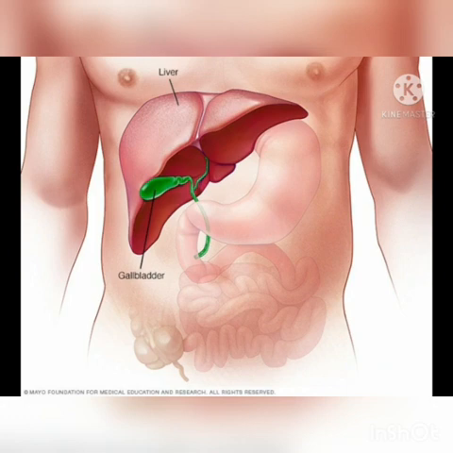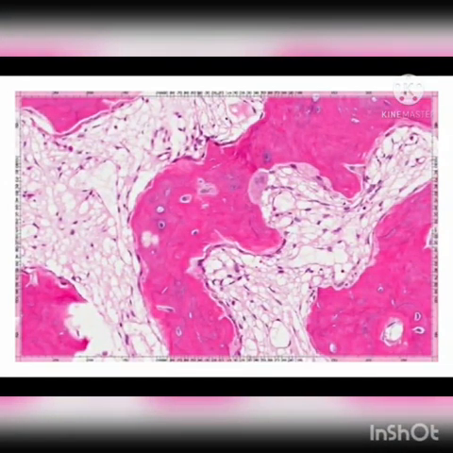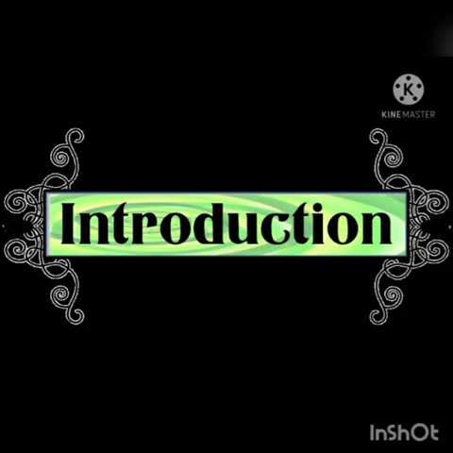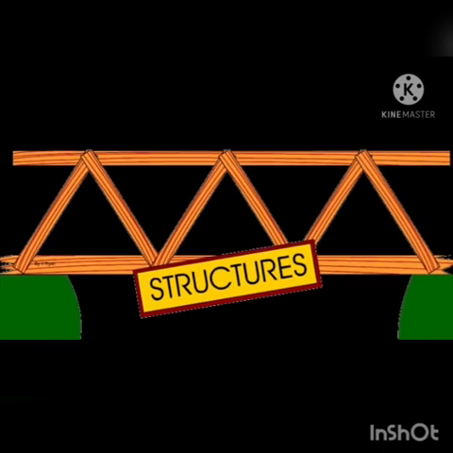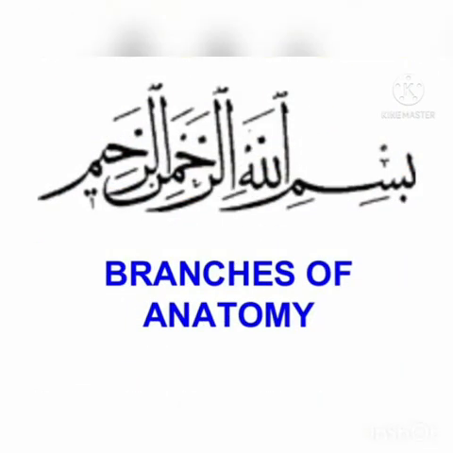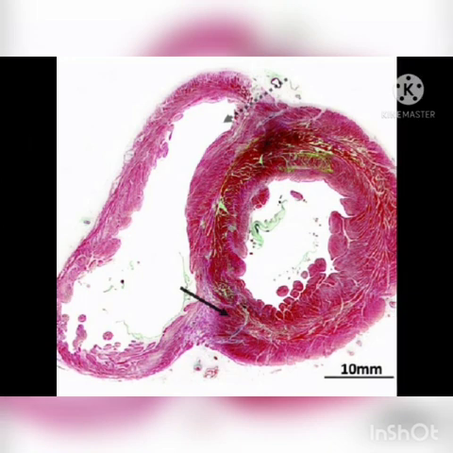Of course, there are some vessels, called sinusoids, and other things which I don't need to go into in introduction classes. I just want to tell you that this branch of anatomy, which deals with appreciating certain structures, is called microscopic anatomy.